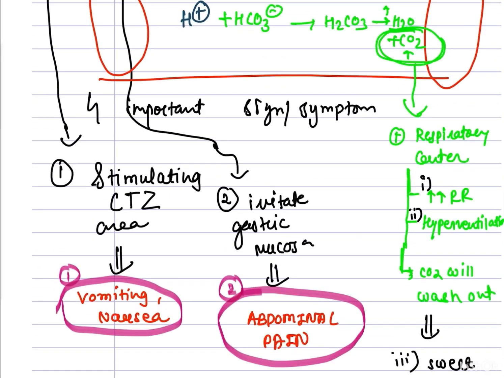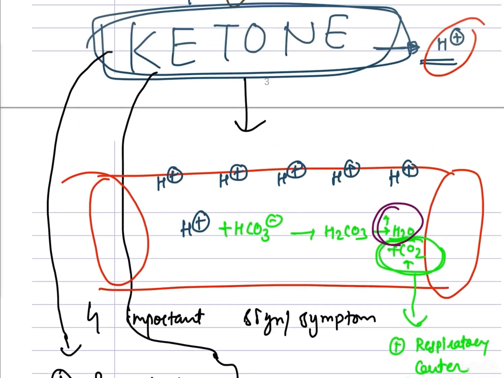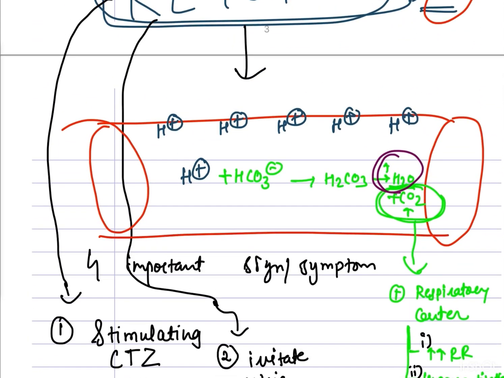Okay, now what is number 4? Number 4 is simple. The body is having an excess amount of water. Now this excess amount of water will go into the kidney. From the kidney it will go into urine, of course, and the patient will remove it and will suffer from features of polyuria and dehydration.